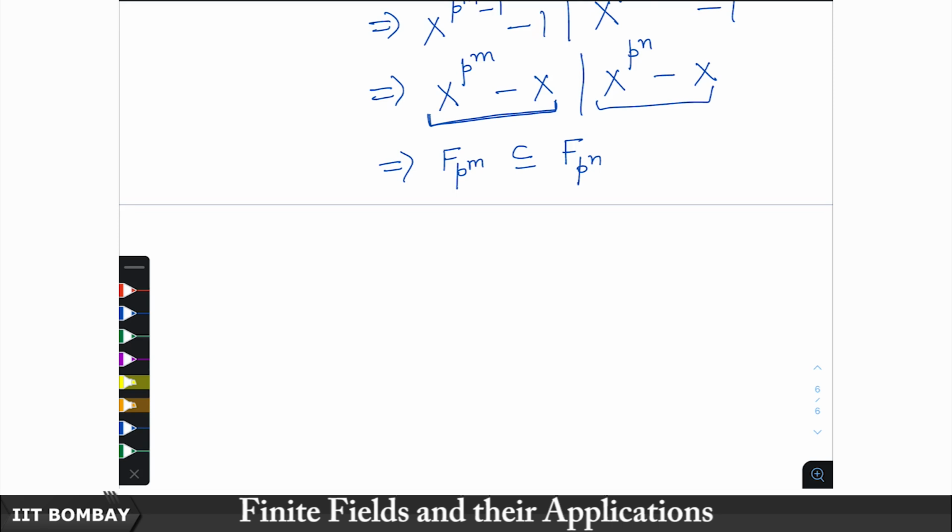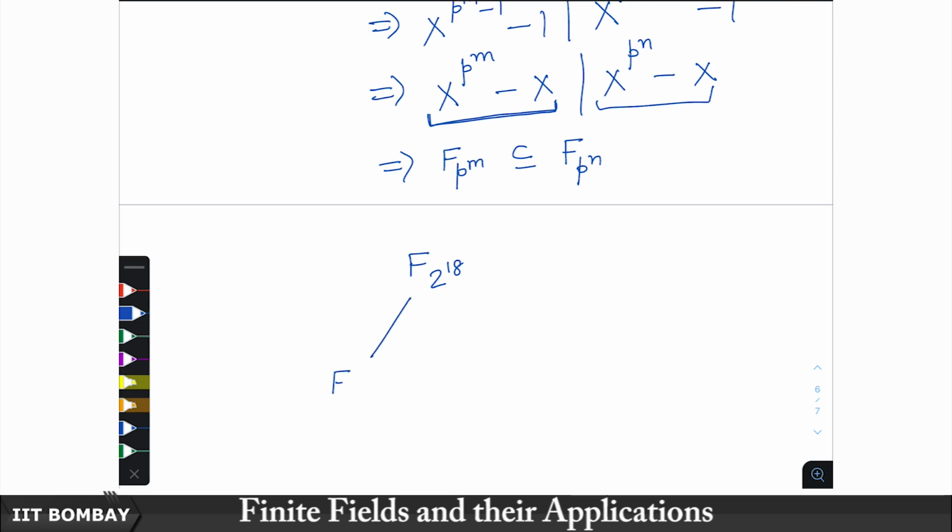So, for example, if you take the finite field F 2 power 18, what are its subfields? The subfields are of the form F 2 power m, where m divides 18. So, all we need to know is what are the factors of 18.